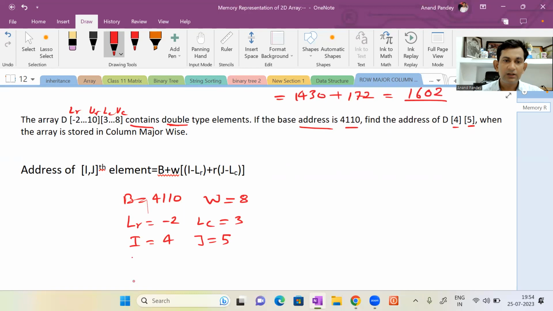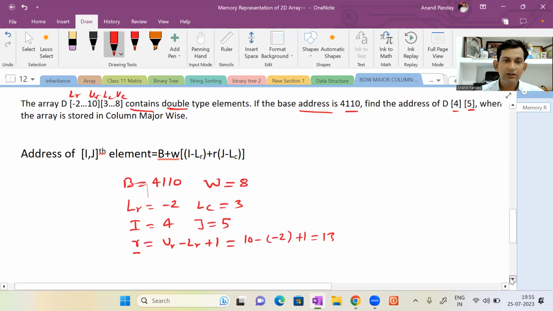Then we'll find the number of rows, that is UR minus LR plus 1. So here, UR is 10. 10 minus -2 plus 1, that is 12 plus 1, 13. The value of R will be 13. Now put these things in the formula and get the value.